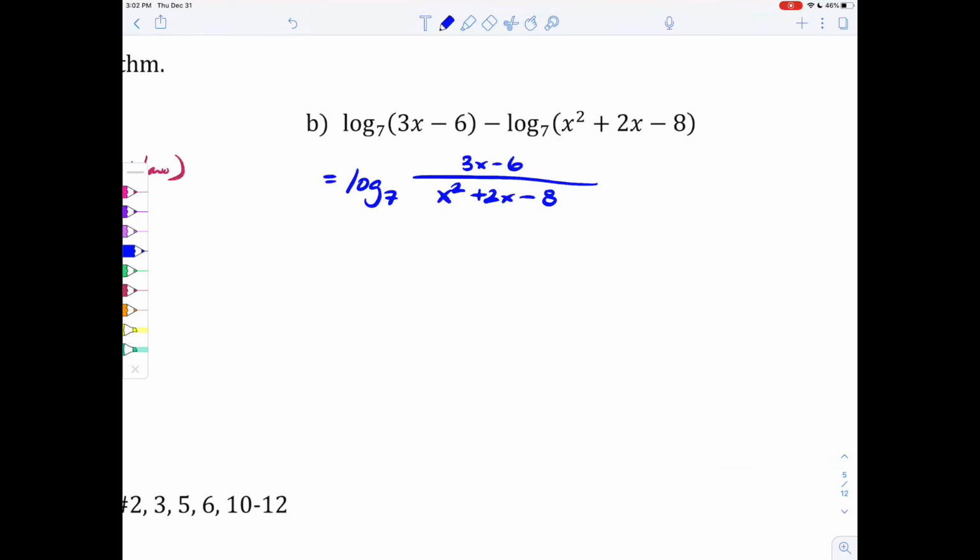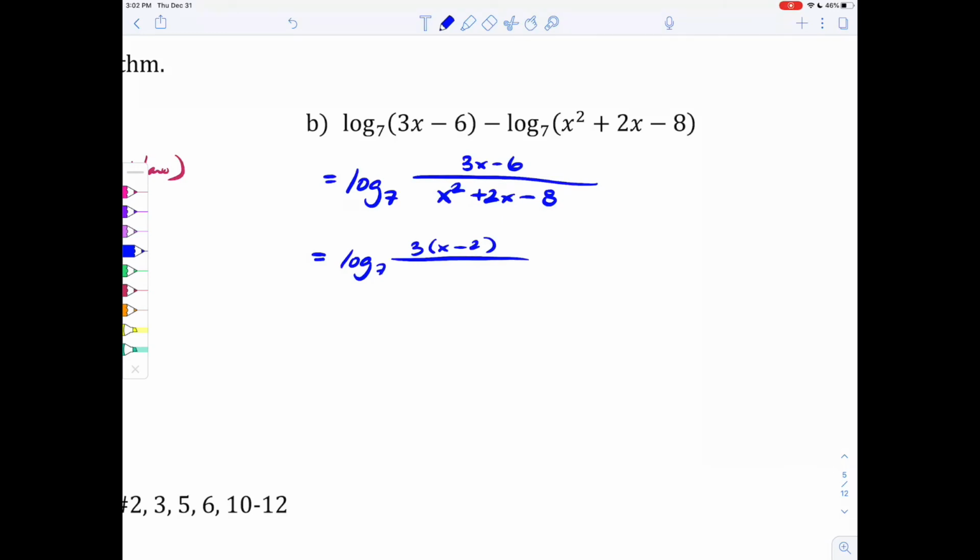Given something like this, we should check if it can be simplified. Spoiler, this can be. And to do that, we're going to want to factor the top and factor the bottom. So your factoring skills come into play. Right, I'm factoring out that.